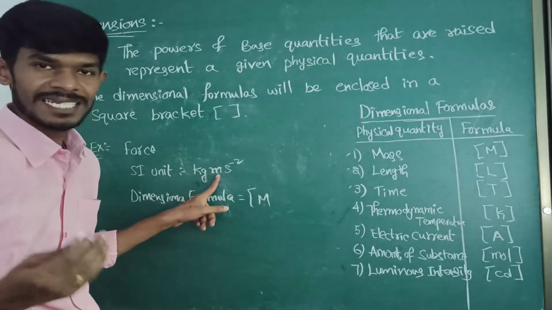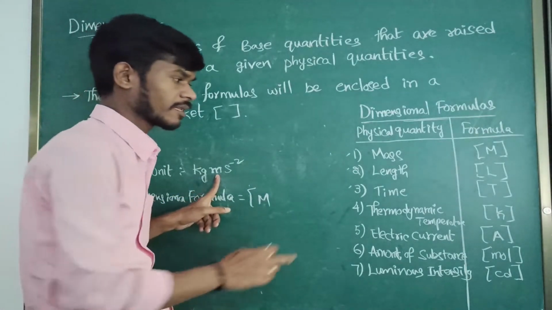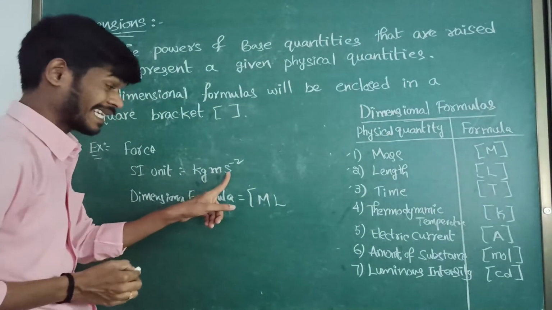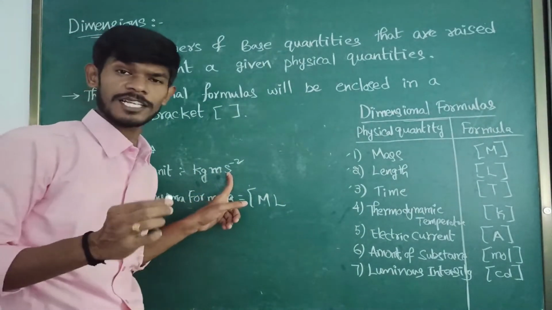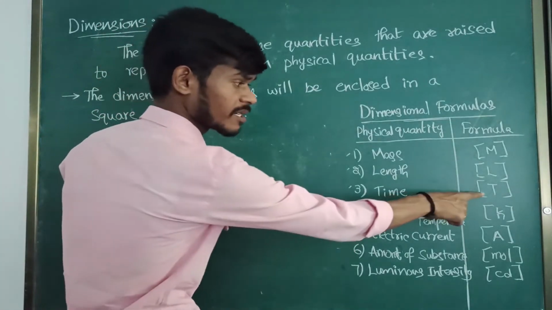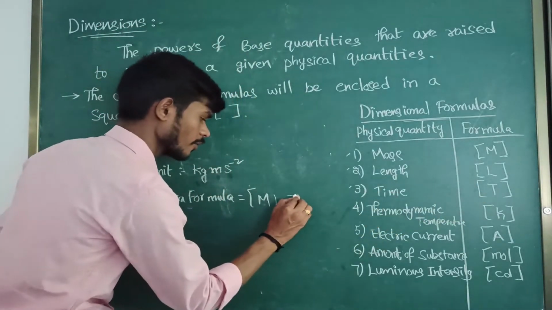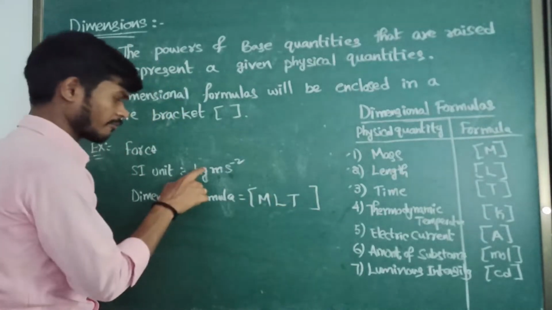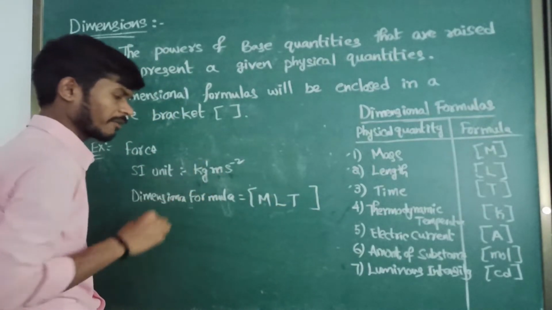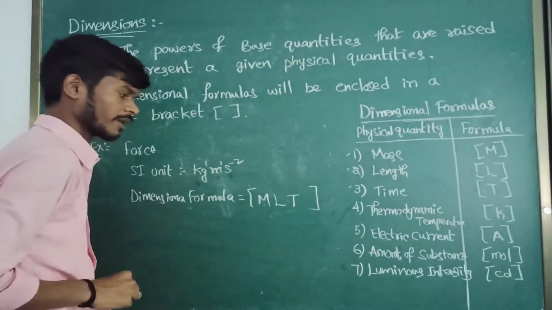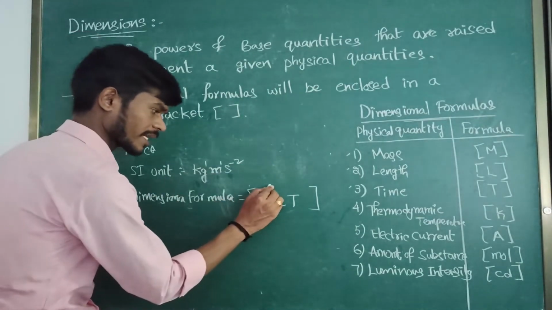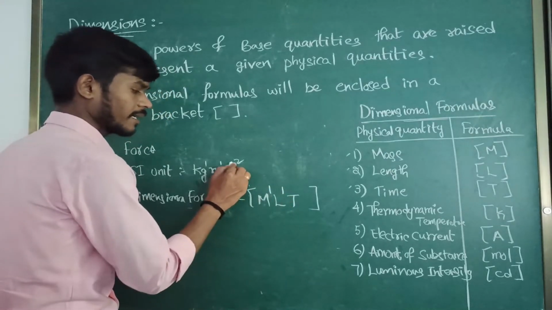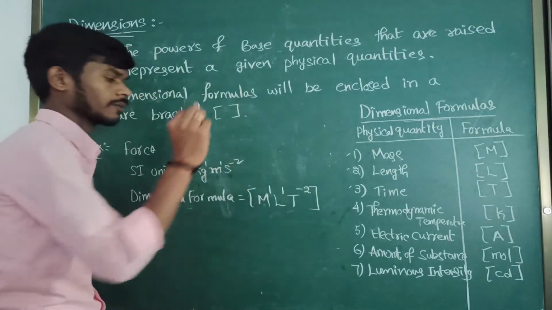And m represents the SI unit of length. The length dimensional formula is L. And here s represents the SI unit of time. So the time dimensional formula is T. After writing, observe what powers we have: kilogram power 1, m power 1, s power minus 2. In the same way, M power 1, L power 1 and T power minus 2.